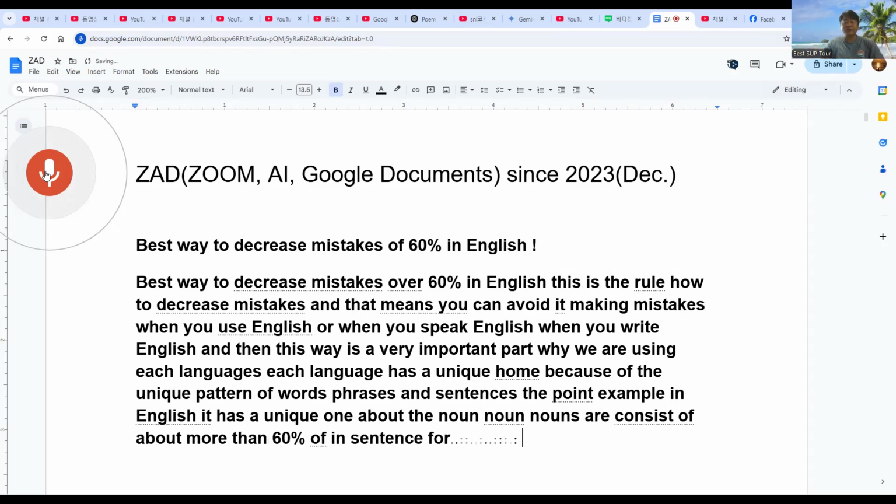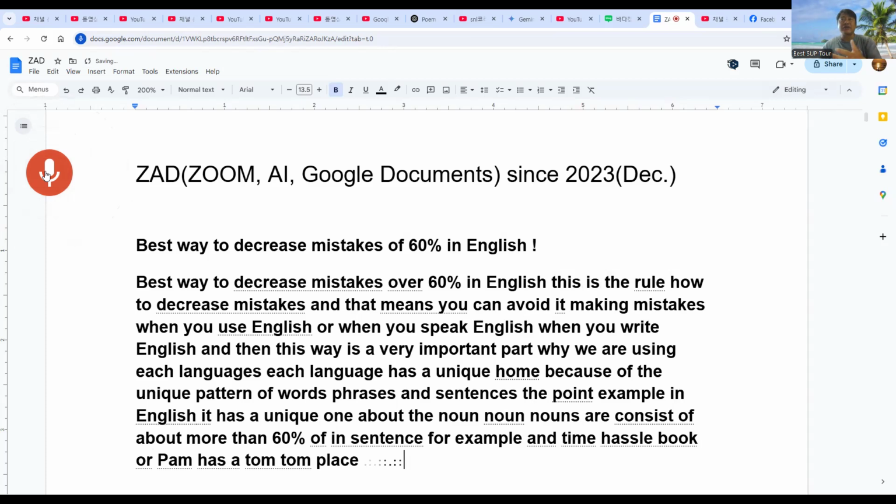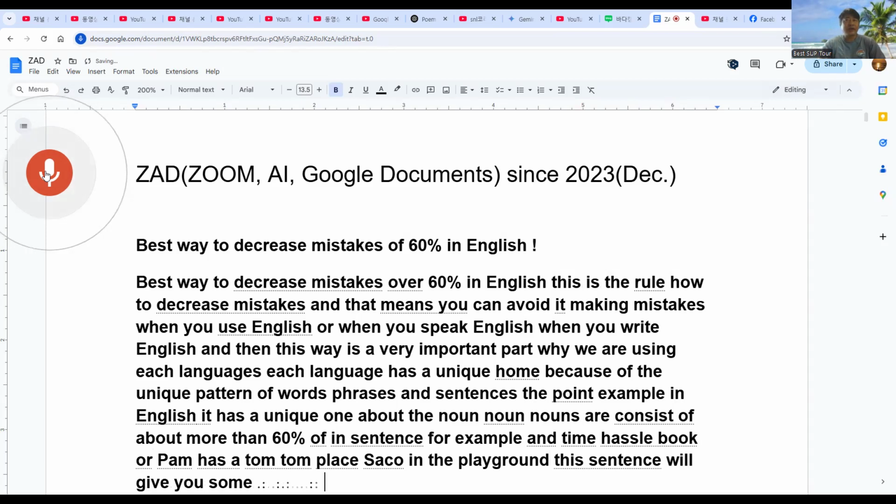For example, Tom has a book, or Tom plays soccer in the playground. This sentence will give you some examples.